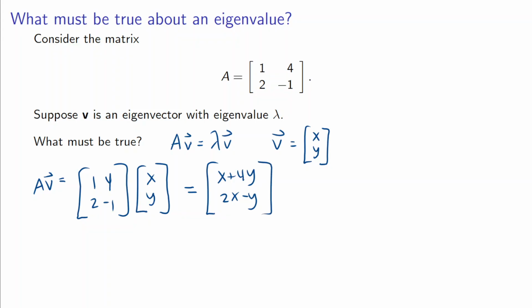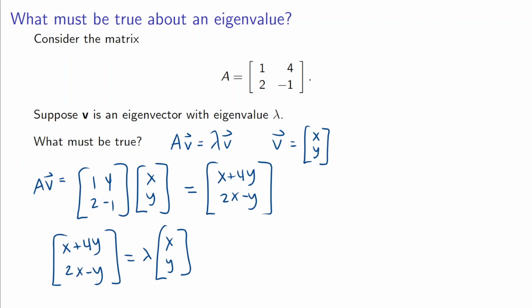And if we want that to equal lambda v, then this would imply that (x plus 4y, 2x minus y) needs to equal lambda times (x, y). But this would imply that x plus 4y needs to equal lambda x, and 2x minus y needs to equal lambda y.